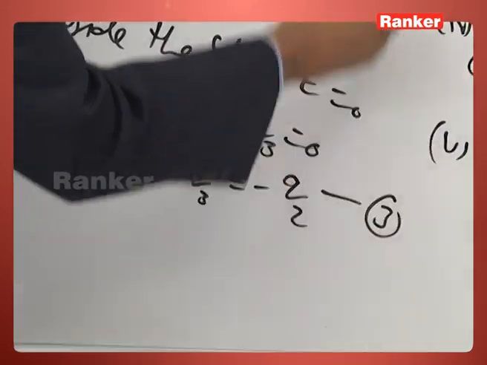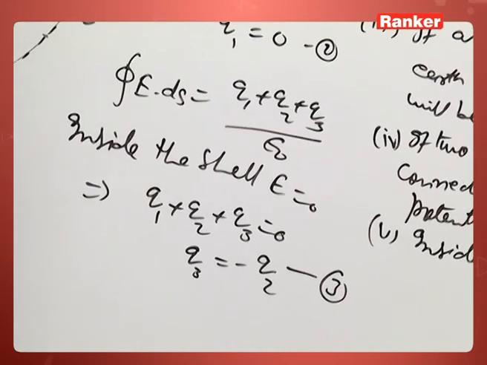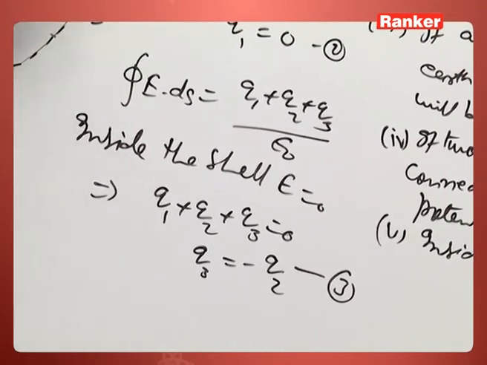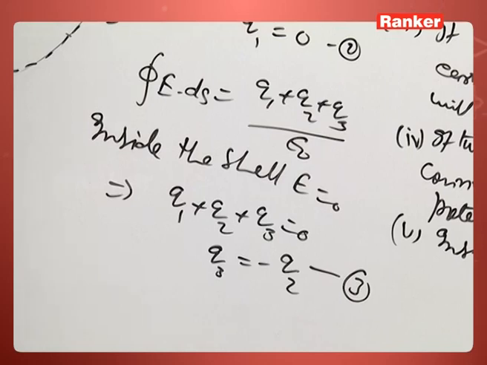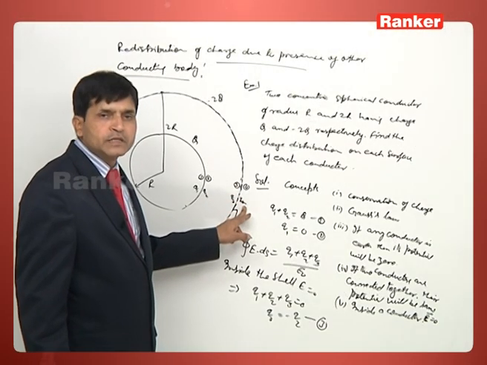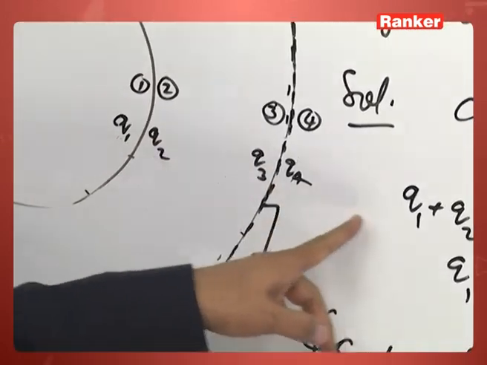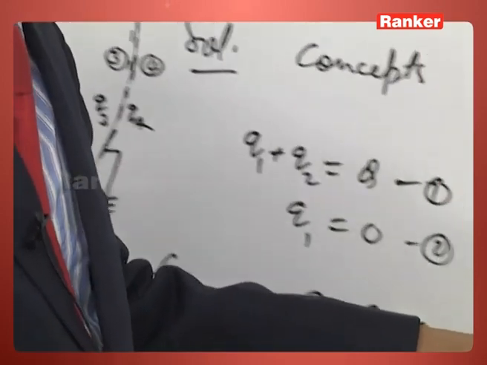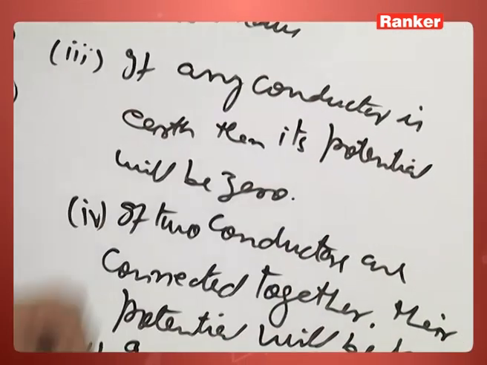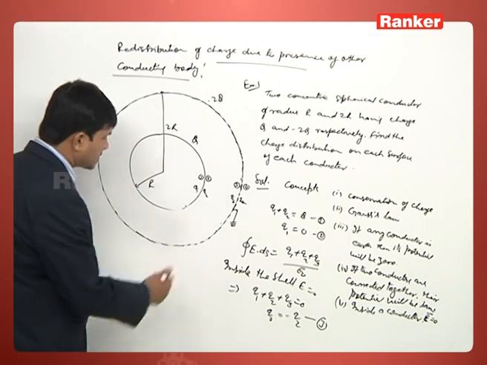So the first, second and third equations are the same as in the previous case. Fourth equation: here we cannot apply conservation of charge for the outer shell. So what can be done? We can calculate the potential of this shell, and that potential we can make equal to 0.